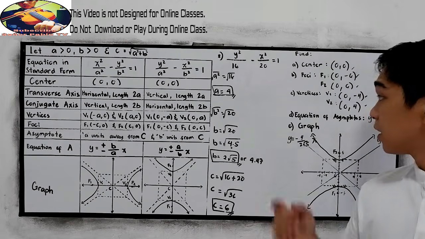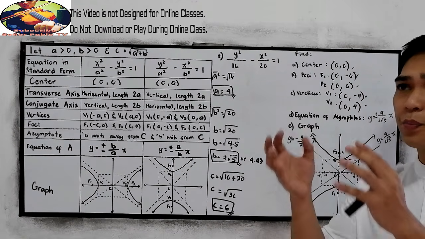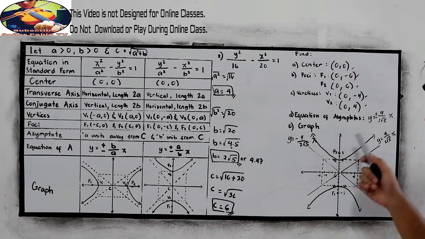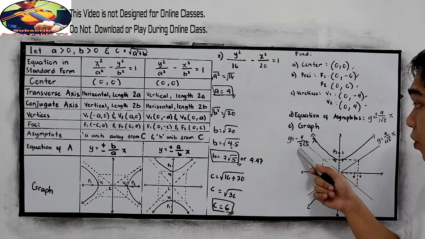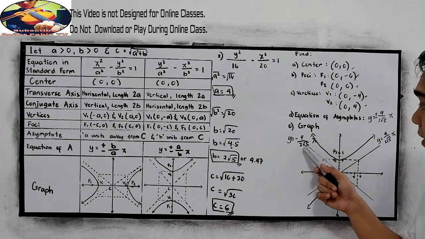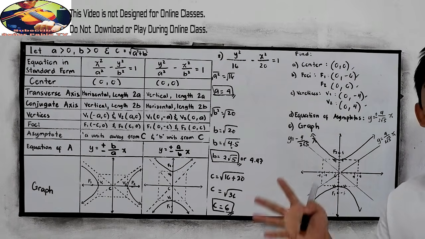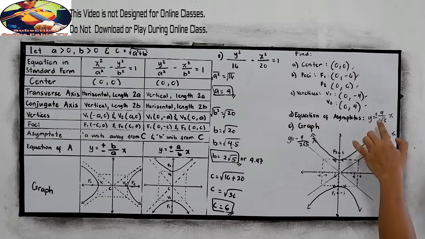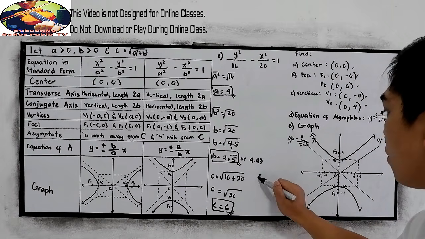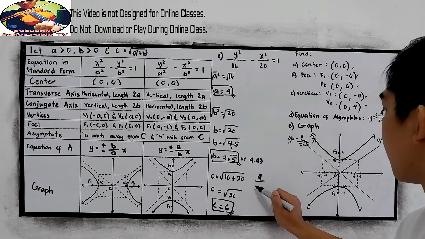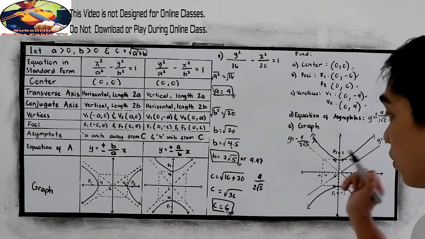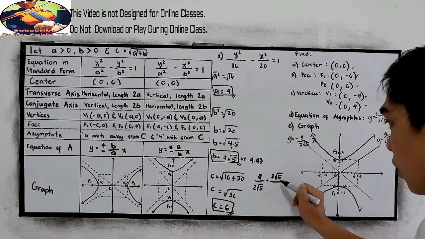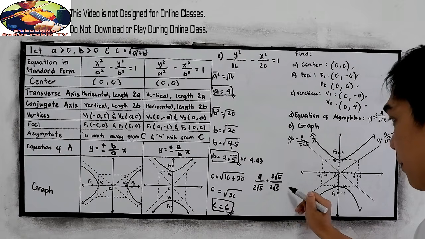Okay, let's go back to the equation of the asymptote. In your previous grade, when you were in grade 9, our restriction for the radical sign is that there must be no radical sign in the denominator. So we need to rationalize. If we have 4 over 2 square root of 5, we need to multiply that by 2 square root of 5 over 2 square root of 5.